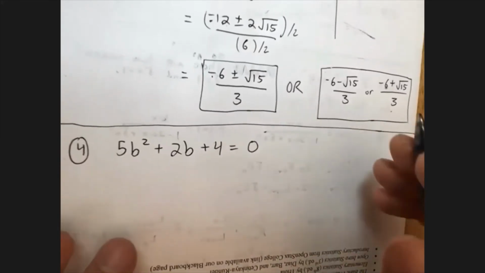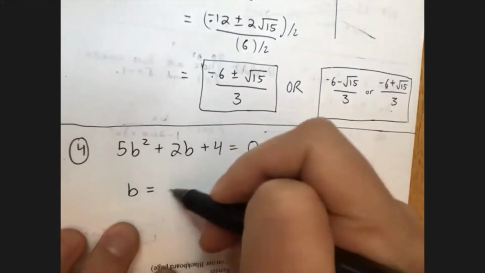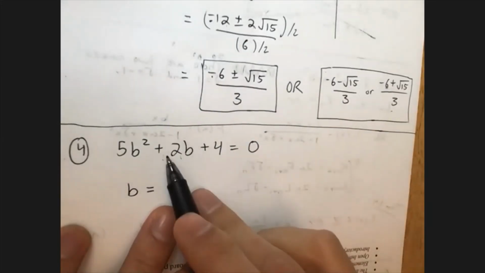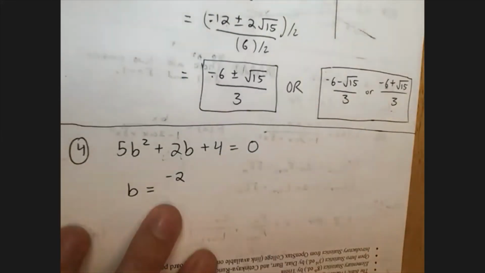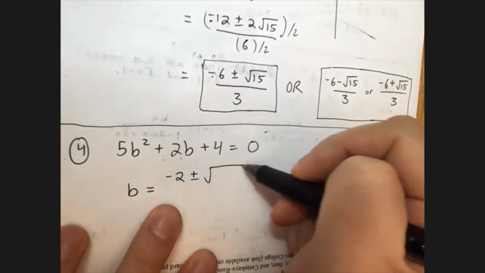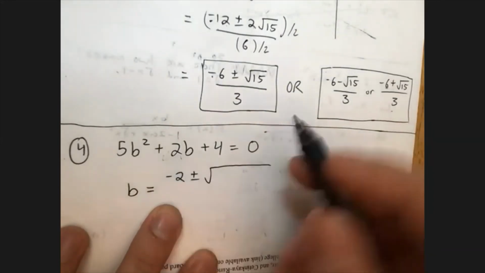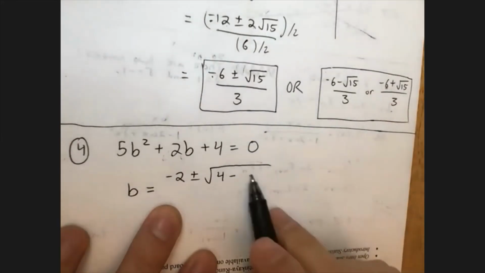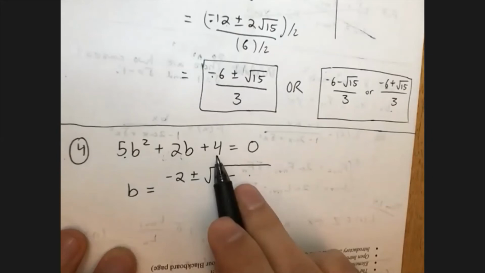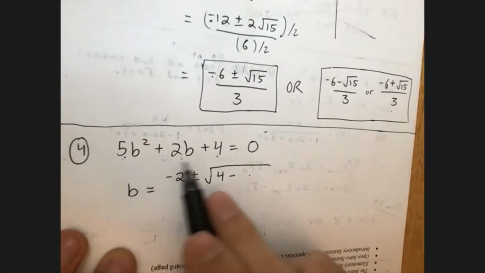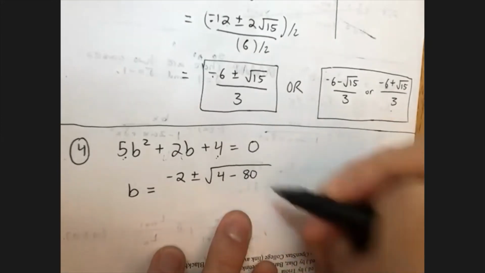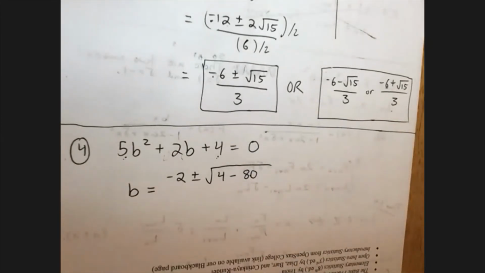The variable here is b, so the quadratic formula tells us that b is equal to negative the coefficient in front of the variable, plus or minus the square root of that coefficient squared, minus 4 times this: 4 times 5 times 4. Well, 4 times 5 is 20, and 20 times 4 is 80.